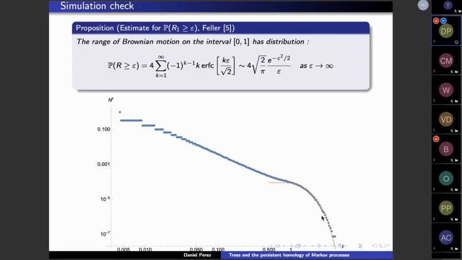As you can see, for large epsilon, it fits quite well. What is a little bit shocking is that you don't actually need epsilon that large for this formula to start working really well. As you can see, if we have a value of 1, this starts working very well already. So this is the first asymptotic regime.